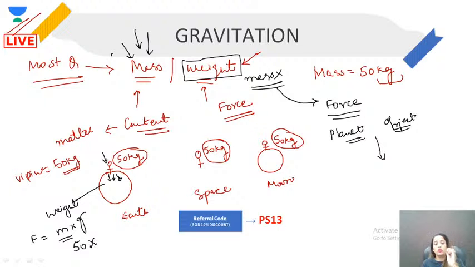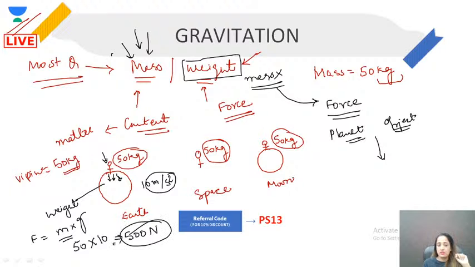And Vipin is pulled towards Earth with an acceleration of 10 meter per second square, which is your acceleration due to gravity. That is the force with which Earth pulls him towards itself. So we'll have 10 and the answer would be 500 newtons. So if the mass of Vipin is 50 kg on Earth, his weight is going to be 500 newtons on Earth.